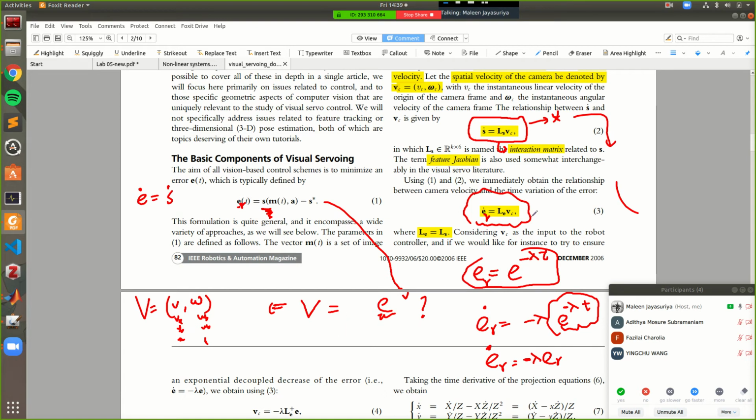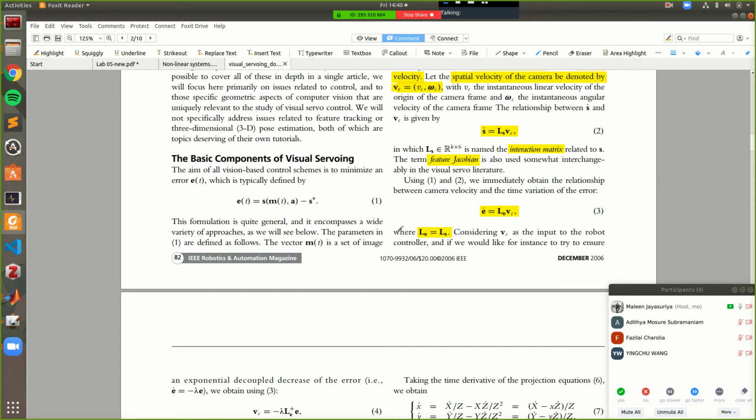So what we can do then is say that minus lambda e_r equals L_e v_c. Cool? Let me erase all of this. What does that mean now?